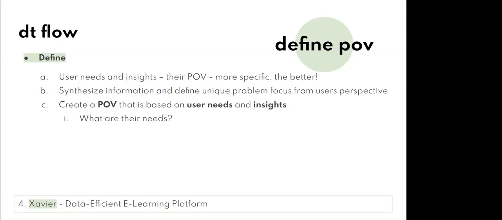Essentially what we're asking here is, what are their needs? The previous step, we were moving out, we were exploring. Through defining the POV, we're coming together and centering it on one individual's experience and their story.